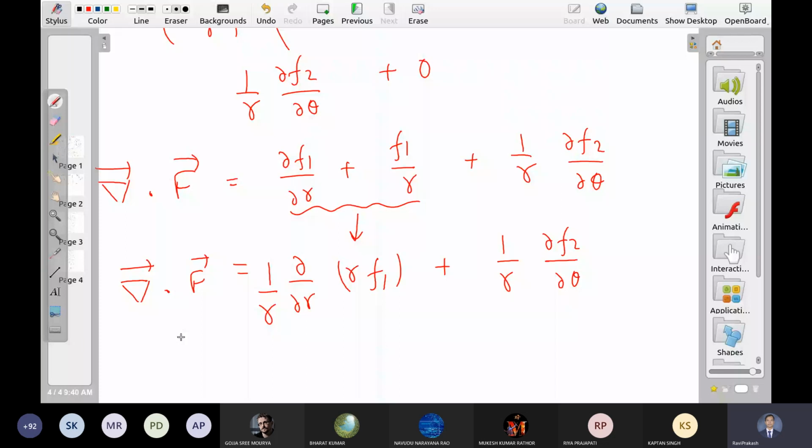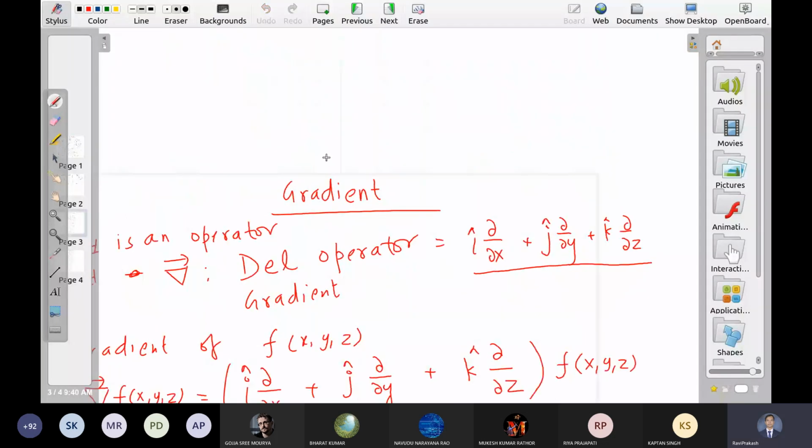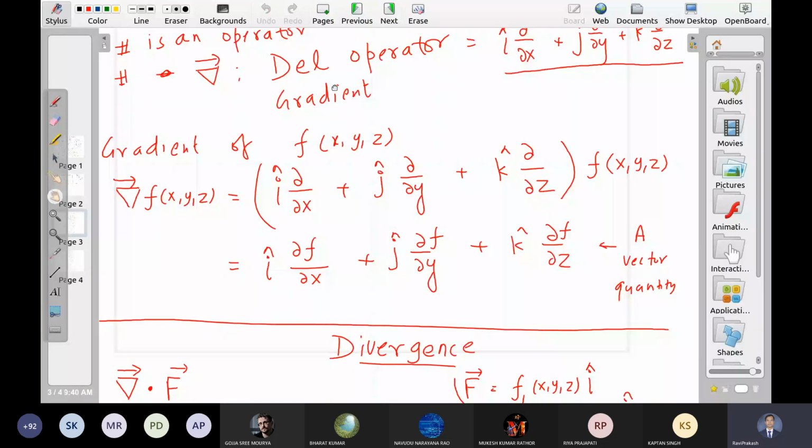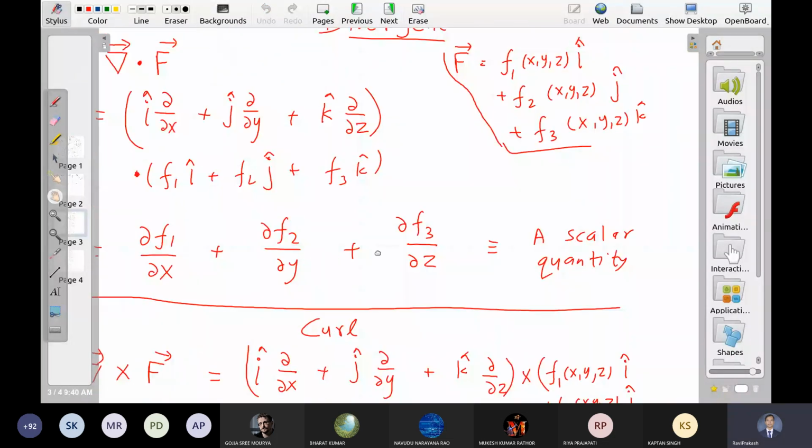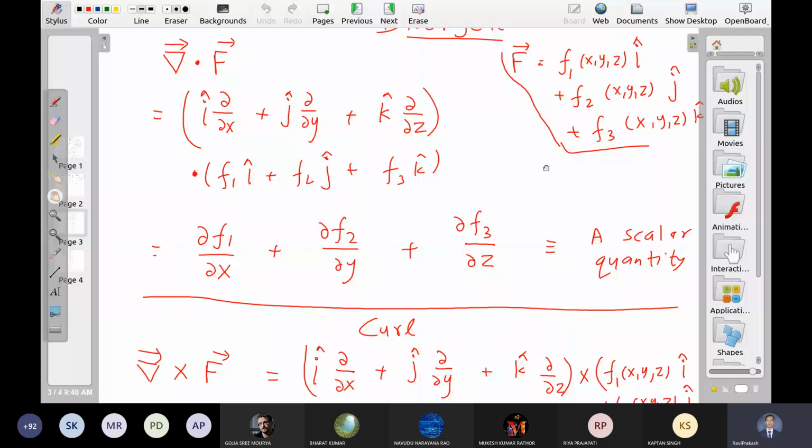Or in other words, if you use this transformation, x is equal to r cos theta, y is equal to r sin theta. Sorry guys.